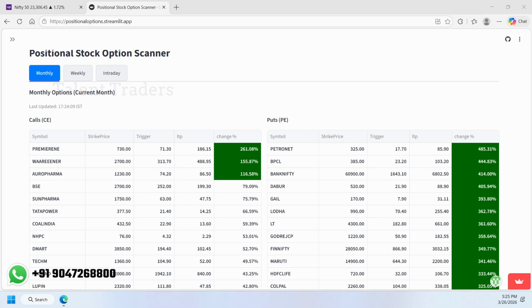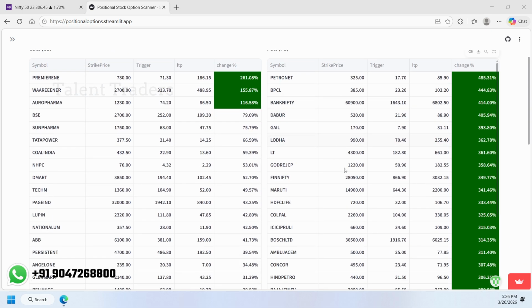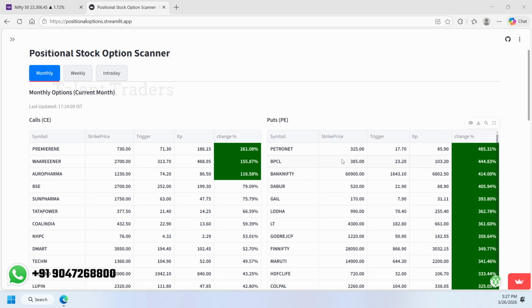We have some strategies on a positional basis, and based on the logic of the positional strategy, we try to find opportunities. This is the month of March, so we are trying to find the opportunity from the beginning of the month, because it is a monthly positional. The data updated would still be from the 1st of March.